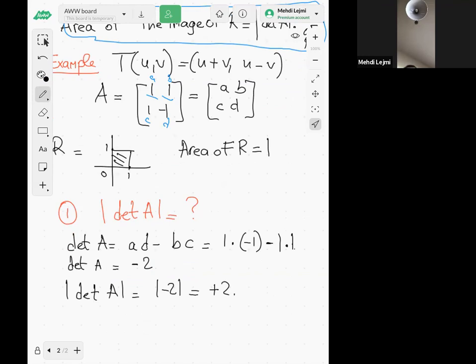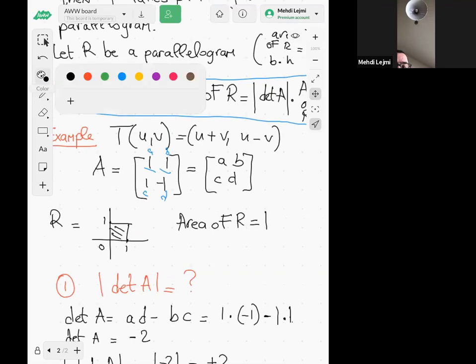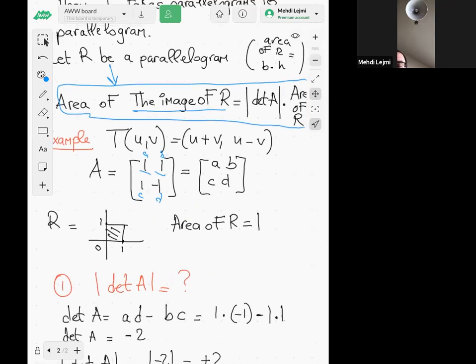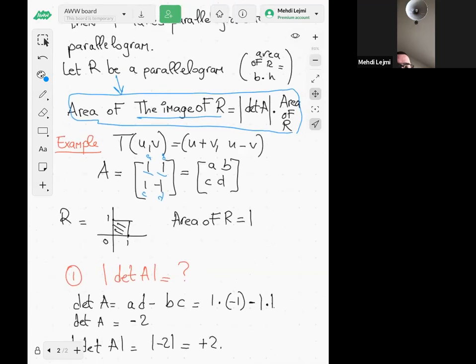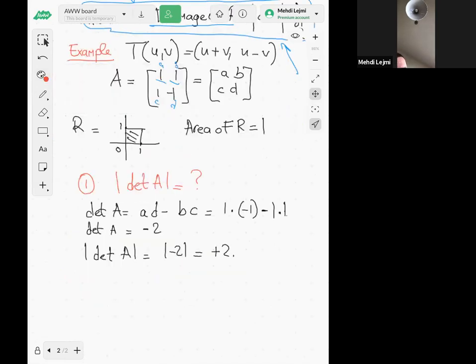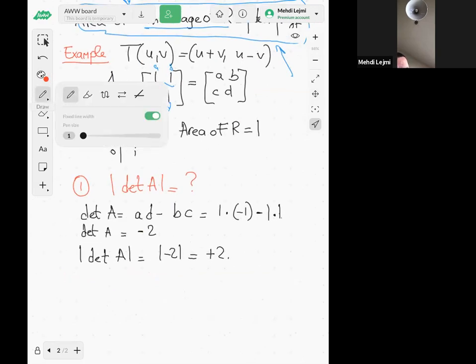So if we apply our formula, the area of the image of R is equal to the absolute value of the determinant of A times the area of R, right?